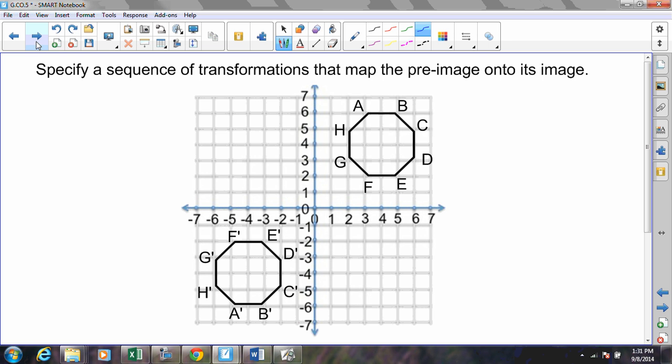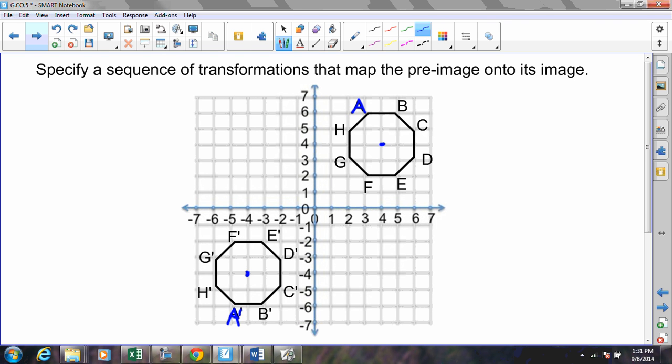A big part, or a common answer that students will give, is they'll say, well, I can still do a rotation around the center because that is such a nice technique to be able to rotate around the center. But what they wind up saying is this point of A needs to match up to A prime for the image, so they'll say, I'm going to rotate this to the left, and I'm not asking you to specify the number of degrees, but rotate it to the left 3 corners, or 3 vertices.